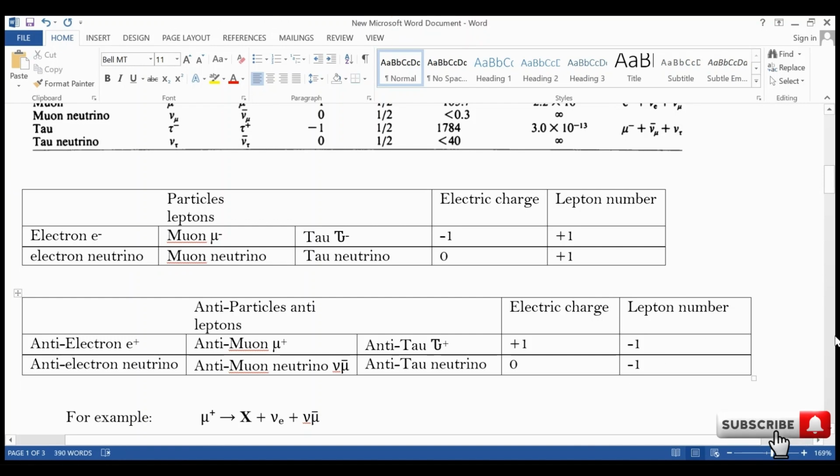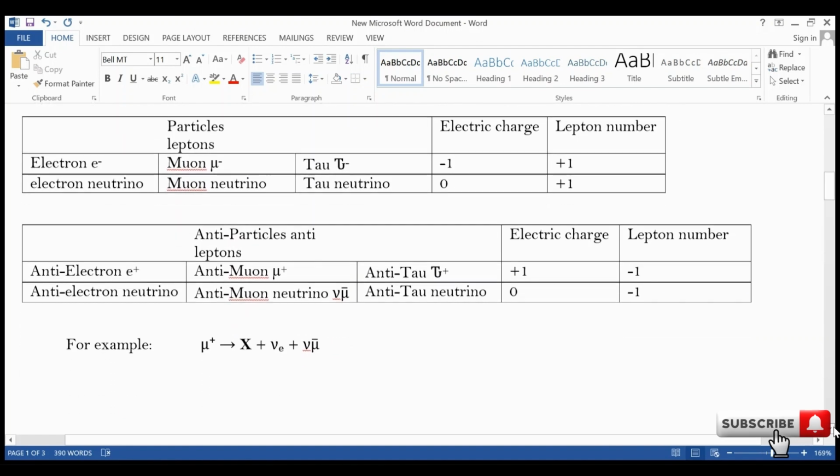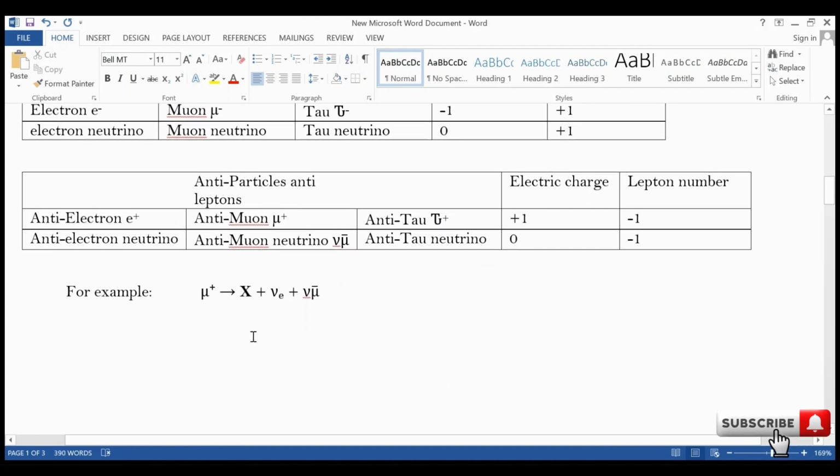From these 2 tables, we will solve the following equation. Here we have to find out the identity of particle X using the law of conservation of lepton number. First, we will see whether electric charge is conserved or not.